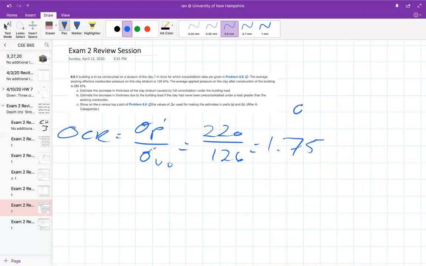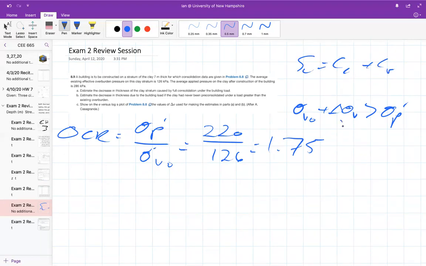And as I'm writing this, I always want to write this too, because if this is true, then this will help us out as well. We're checking to see if it's greater than the pre-consolidation pressure. Because if it is, then we'll have an over-consolidated equation where the settlement will be C sub C plus C sub R, those two long equations.